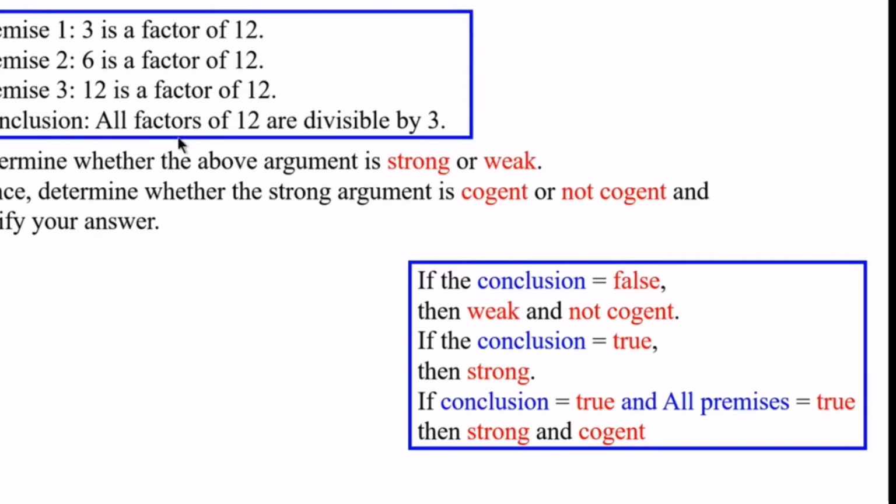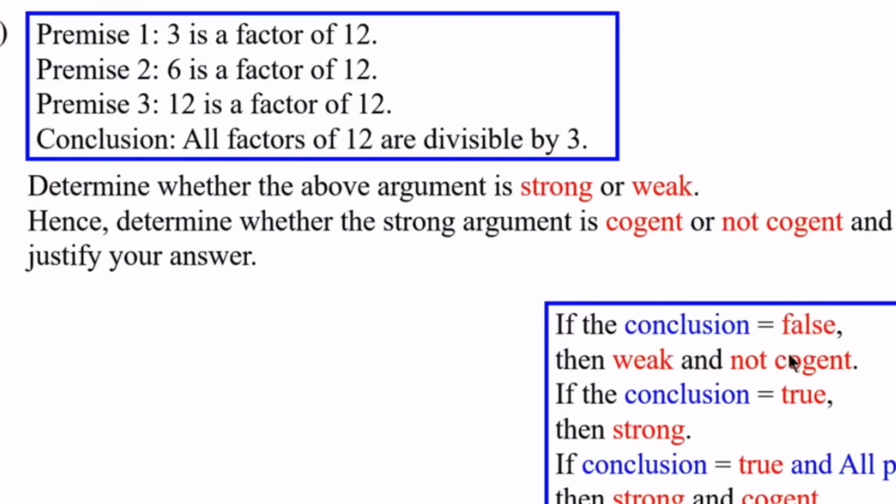For a question like this, we will study the conclusion first. So let's look at the conclusion: all factors of 12 are divisible by 3. Is the conclusion true or false?